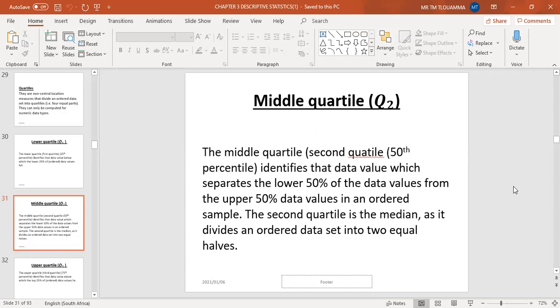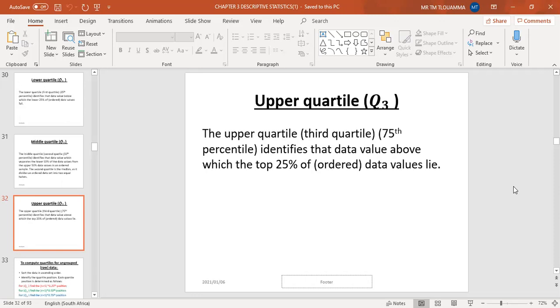When we're going to interpret, we're going to say that 11.5 divides our data set into 2 equal halves. So that's our median. Same applies with the Q2 or the middle quartile. It divides an ordered data set into 2 equal halves. You understand?